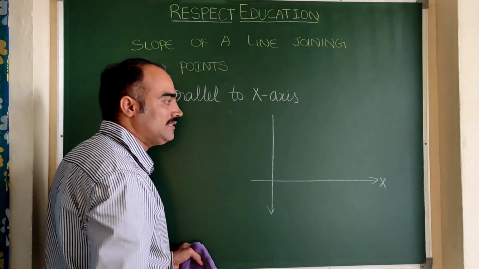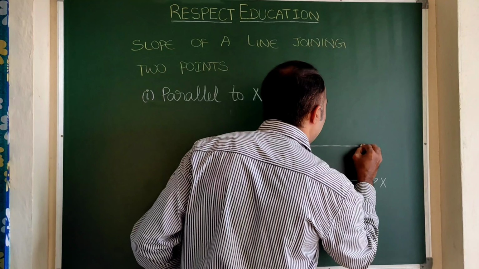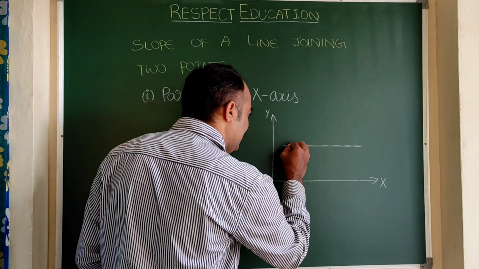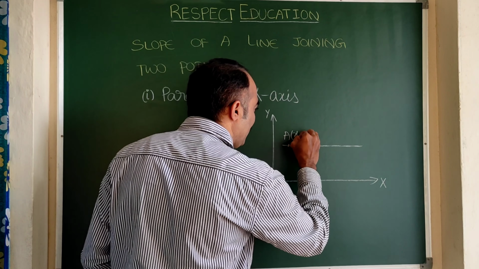Now here, there is a line joining 2 points, but that line is parallel to x-axis. So here this is the x-axis, let us take a parallel line which joins here A, x1, y1, here B, x2, y2, right?